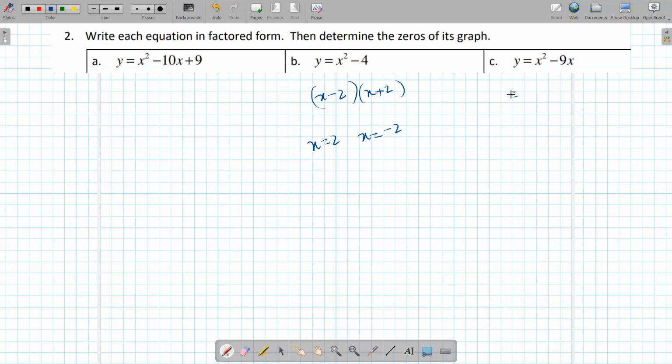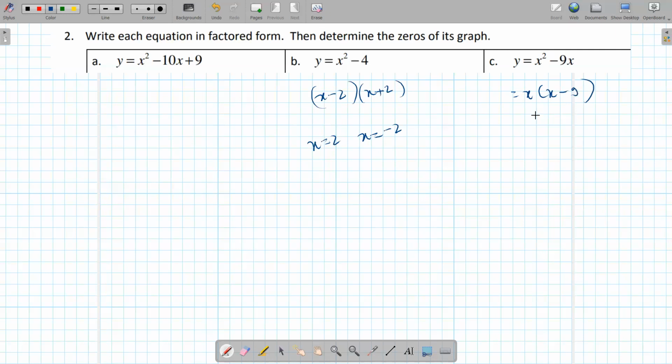Let's look at C. How do we factor this one? Now this is neither MAN nor difference of squares. What can we pull out? X. Yeah, what are we left with? X minus 9? Yeah.